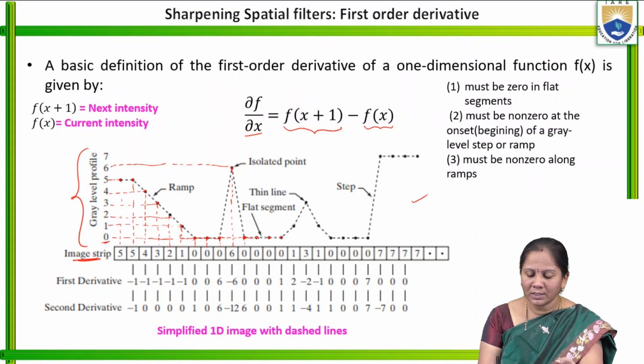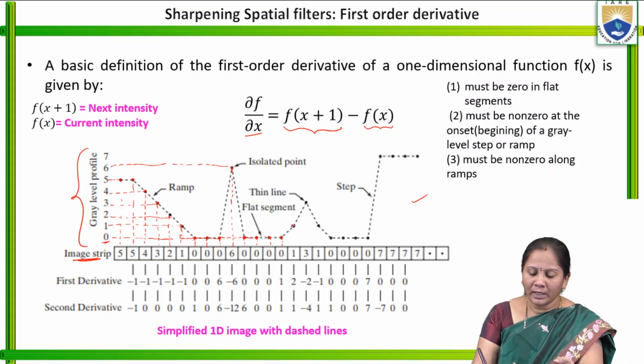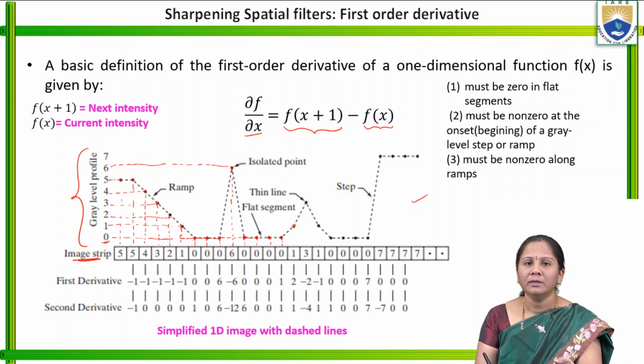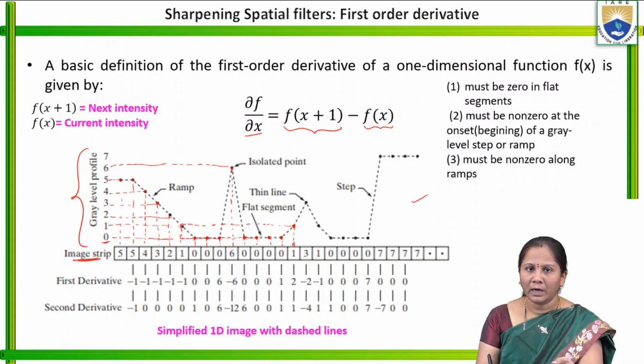That's why on the strip the intensity values are represented as 0. And next, at the next point, if we extend this onto the scale, we are going to have the intensity value 1 at this point. That's why on the strip it is represented as 1.